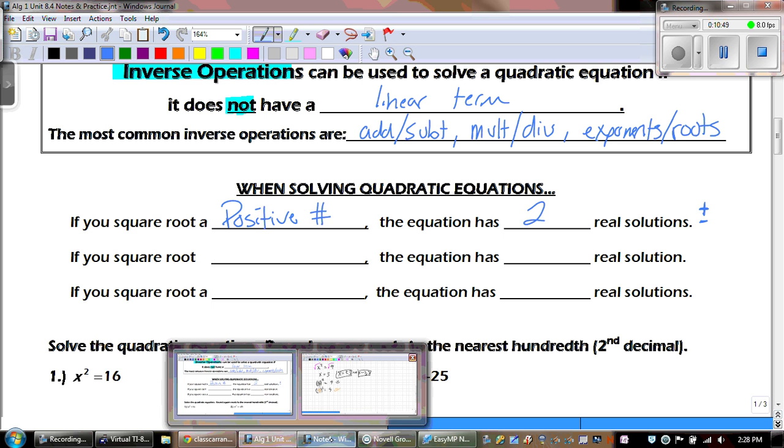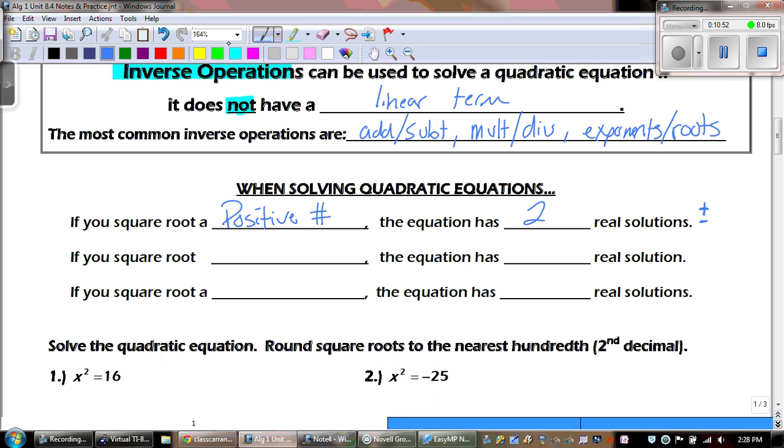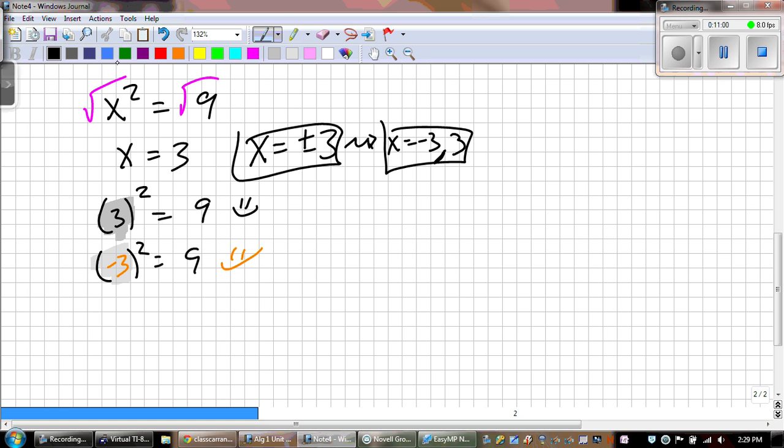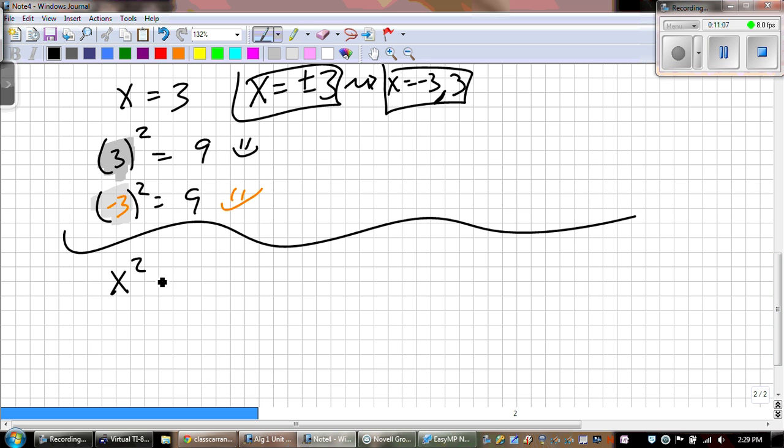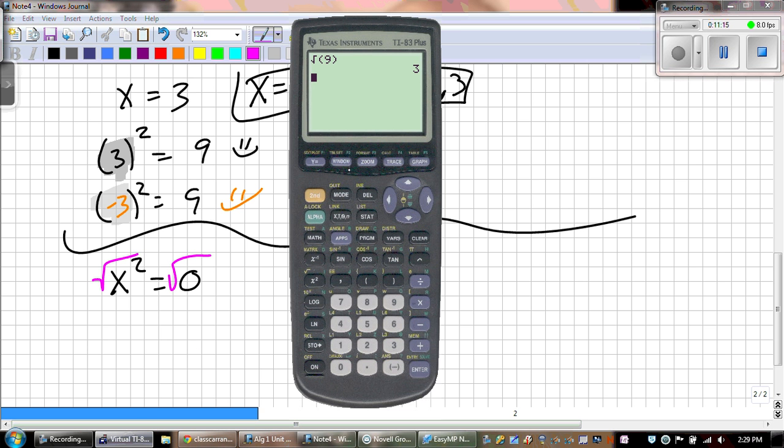All right, let's try that with a negative number. I'm sorry, not negative number yet. We're on 0. So our next example, x squared equals 0. Well, just like Mr. Grice said, solve by inverse operations.